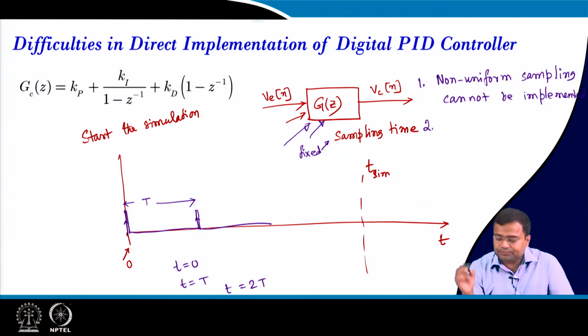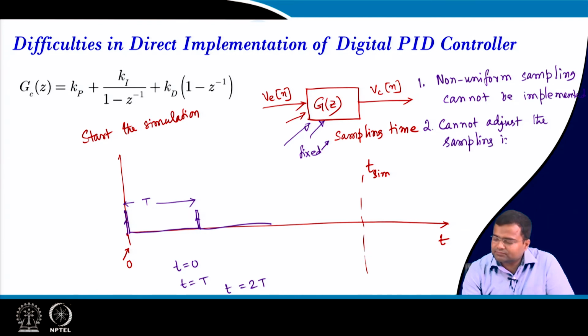Number two, you cannot adjust the sampling instant. What does it mean?